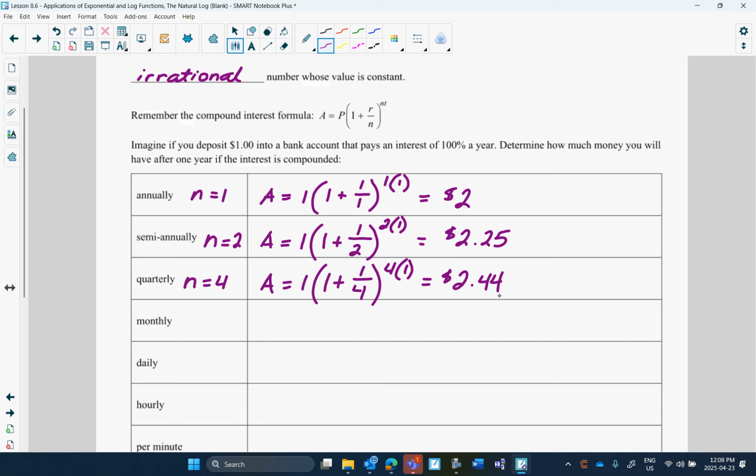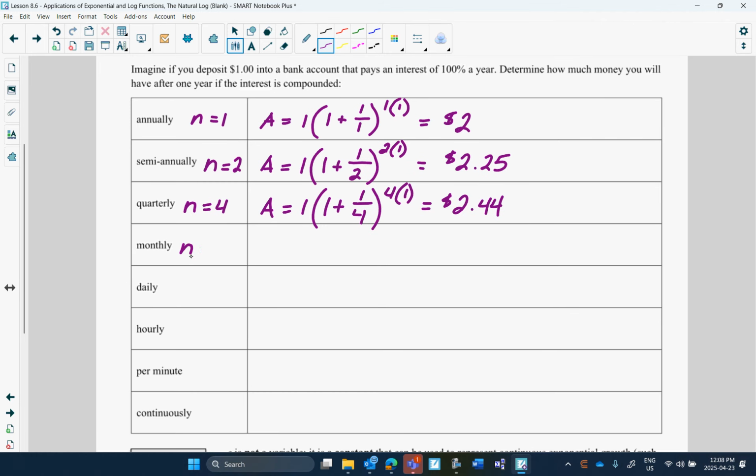I mean, the more this increases, I must be getting way more and way more. So at some point, I'm going to be getting like $5, $10, something. N equals 12. Now I'm just going to give you the answer. Now this would be 12 instead of 4. 2.61.